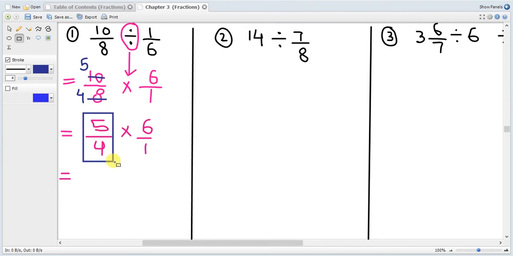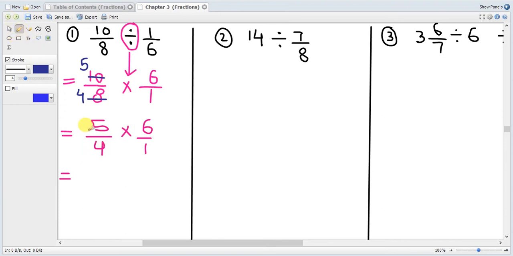So this is a fraction, can it be simplified? No. This is making a fraction, can it be simplified? No. Okay, now look for the diagonals. So this is the numerator and this is the denominator, can this be simplified? No. And we have the last possibility, which is this is the denominator, this is the numerator, making a fraction, can it be simplified? Yes, on a times table of 2.